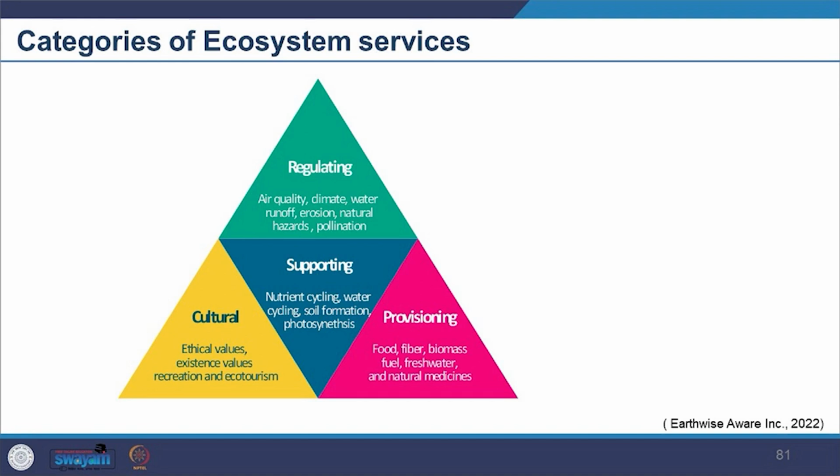Then you have regulating services such as carbon sequestration and water purification, cultural services like recreational or cultural experiences, and then supporting services like primary production and nutrient cycling. All these are provided, majorly in four typologies as per the Millennium Ecosystem Assessment.